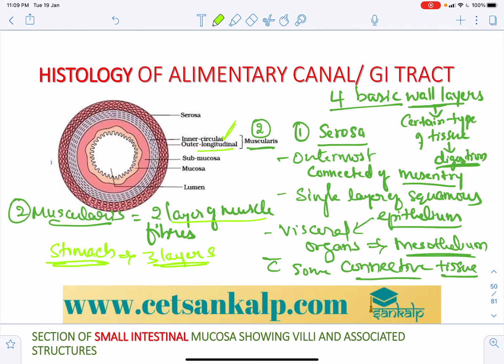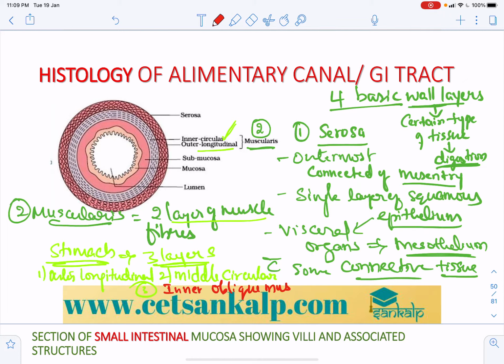So we can say: outer longitudinal, middle circular, and the third one, inner oblique muscle layer. These are the layers present in the stomach. Note this, we may expect this question.